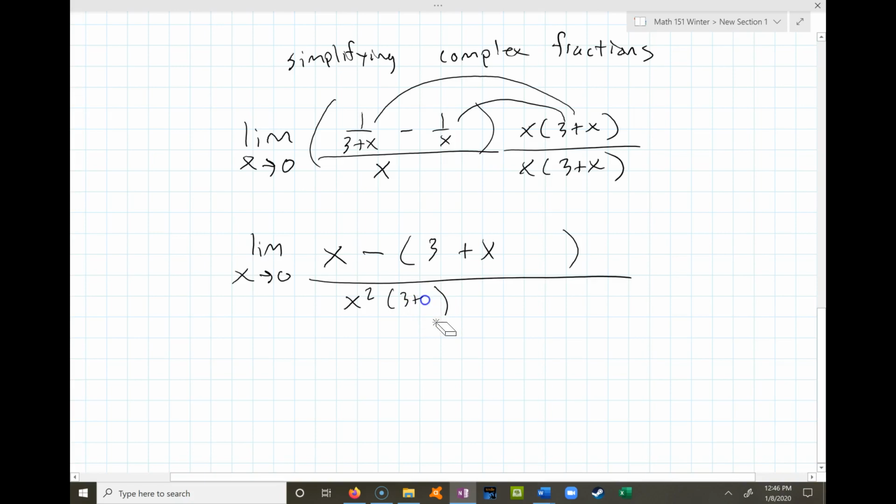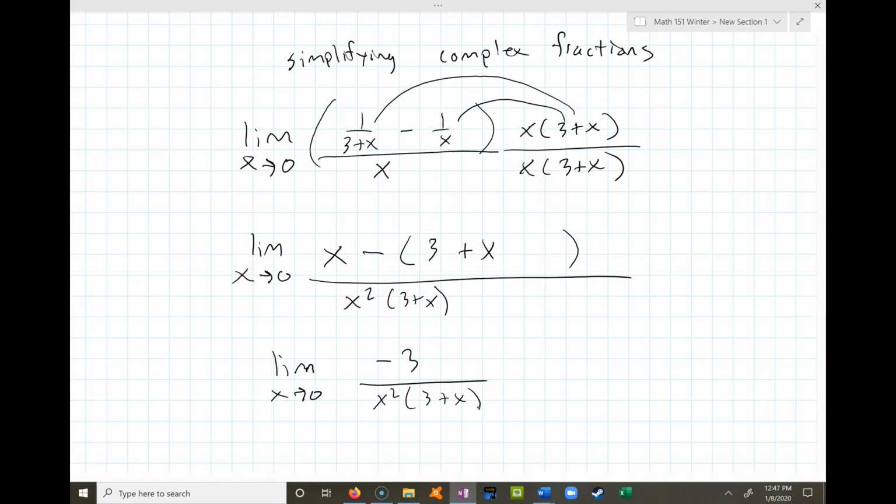Okay, so then I notice that x minus x is just 0. So as x approaches 0, I get negative 3 on top, and I get x squared times 3 plus x on the bottom.